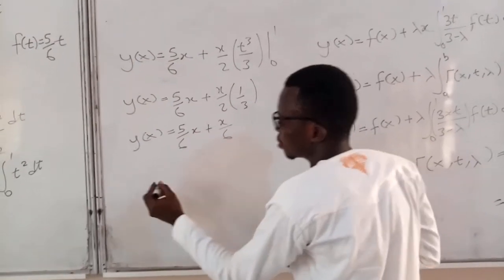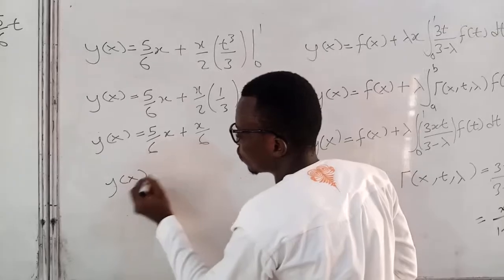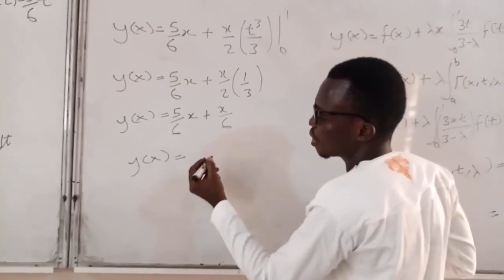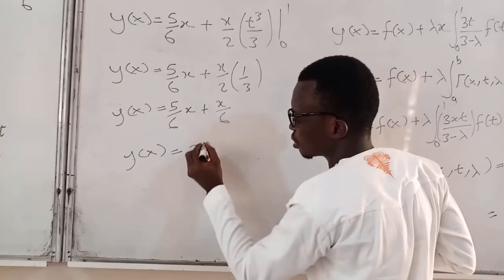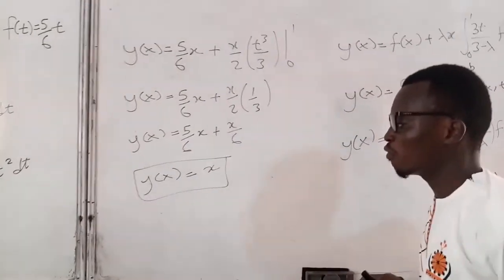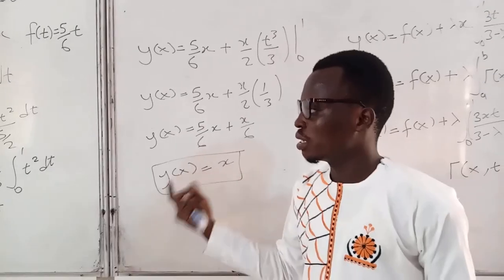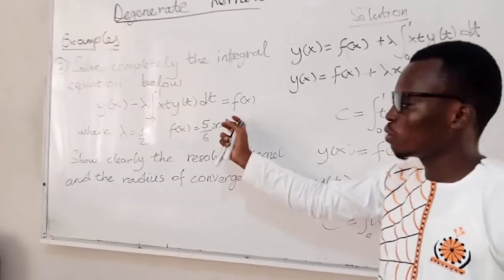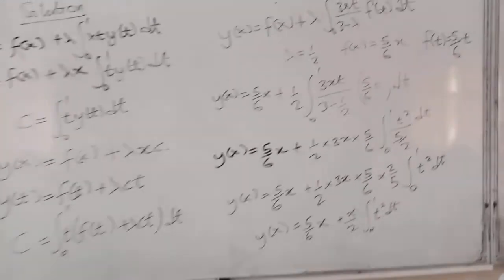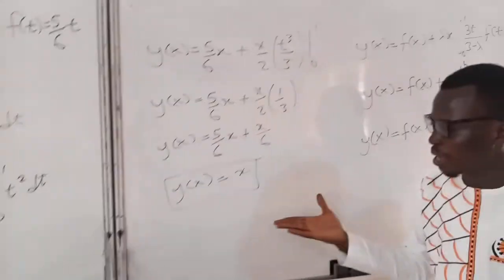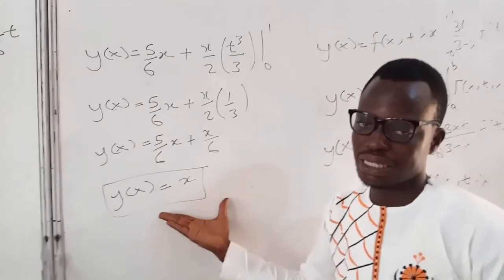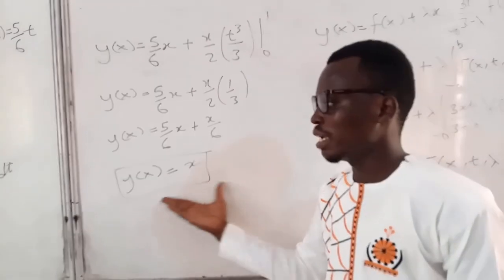If you add these two terms, 5 over 6 plus 1 over 6 is 6 over 6, which is 1, so it's the same as s. So y of s is equal to s, the solution to the integral equation, as we saw in our previous video using the approximation method. You can easily see that the approximate method is the same as the exact solution. So this is the end of this video.